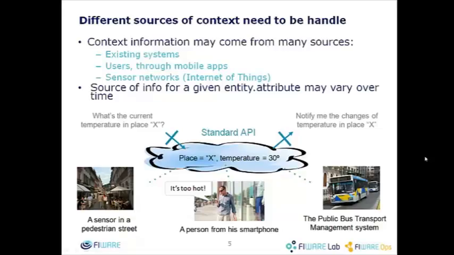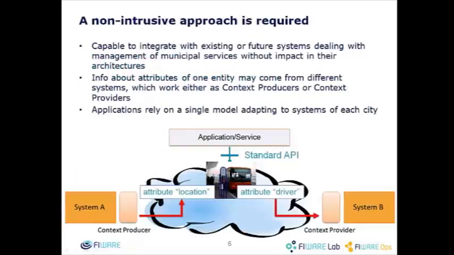Something that is really important to understand is that the source of information for a given entity or attribute may change over time, and all you care about from your application is to read this information when it changes. Another important feature in context information management is that you're able from your application to get information from different systems about the same object, and you don't really care where the different pieces of information come from.